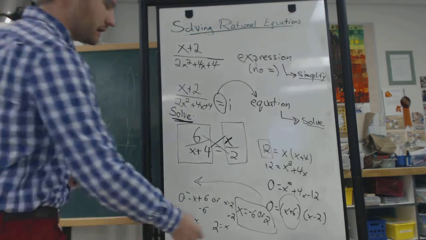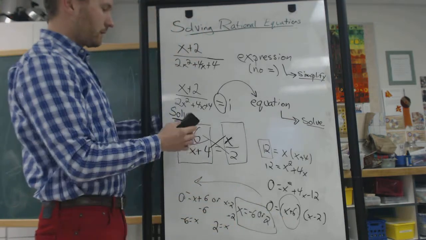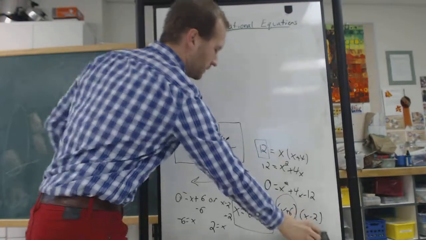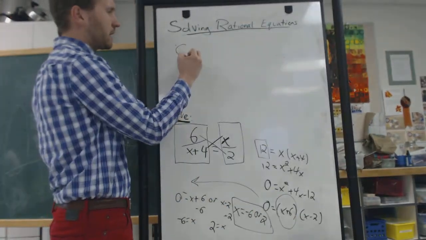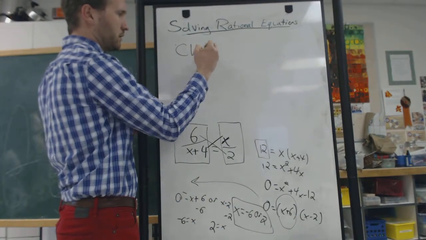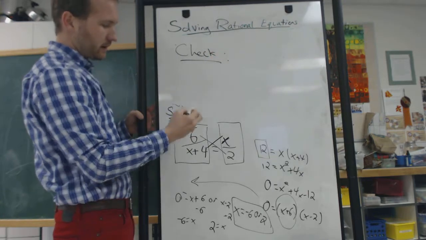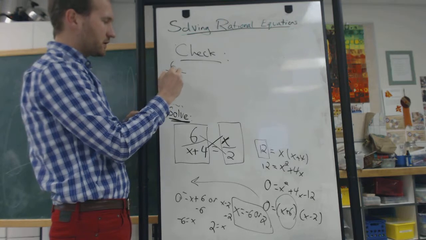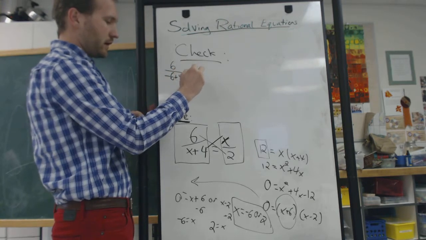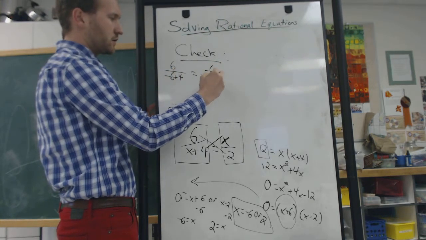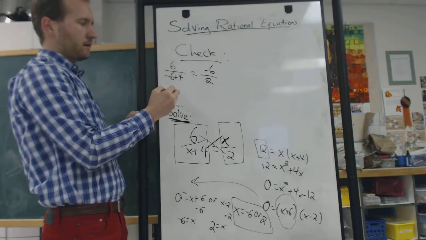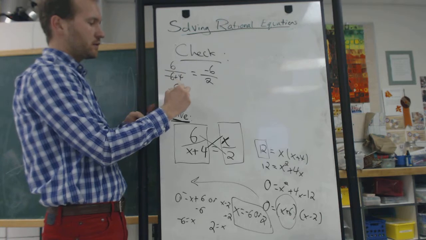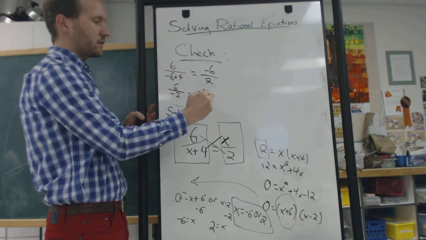And we can check this by plugging it back in. So let's check our work by plugging it back in here. 6 over, let's use the negative 6 first. Negative 6 plus 4 equals negative 6 over 2. 6 over negative 2 equals negative 6 over 2.